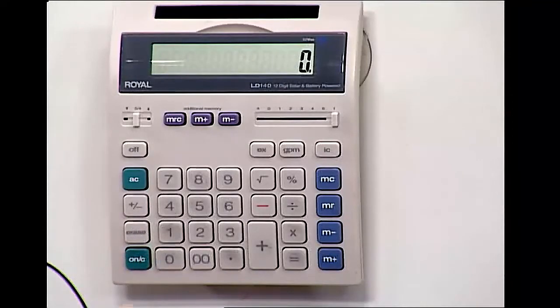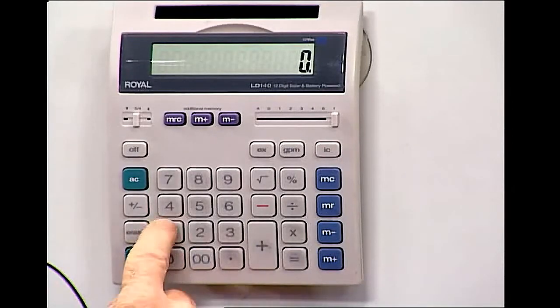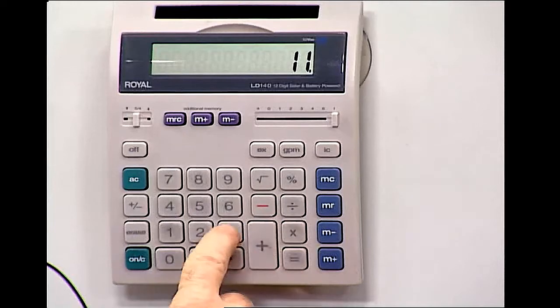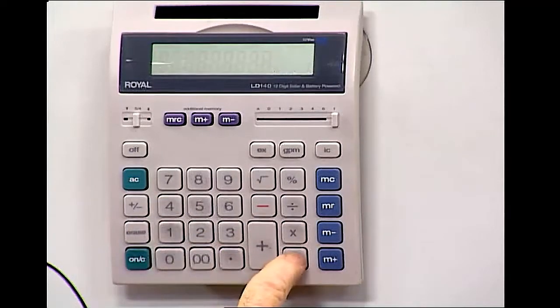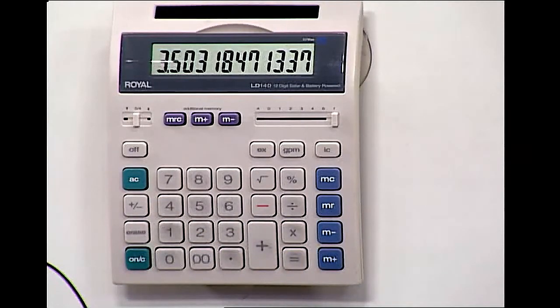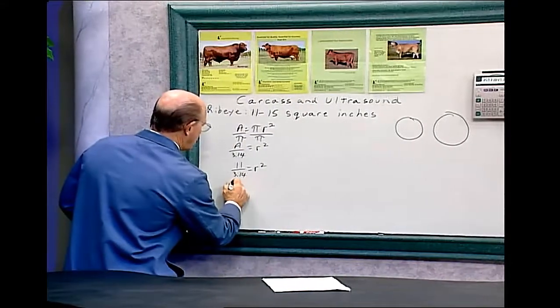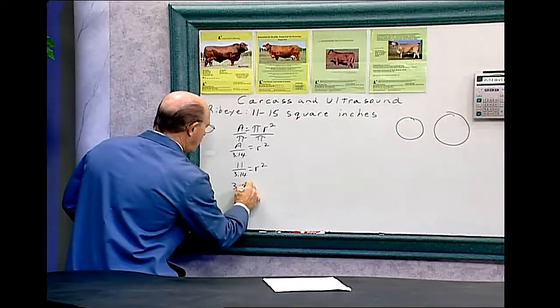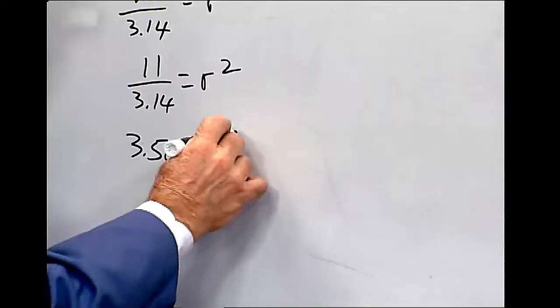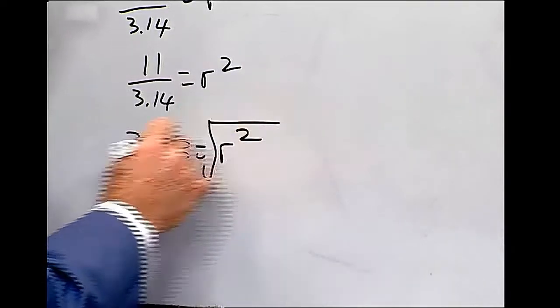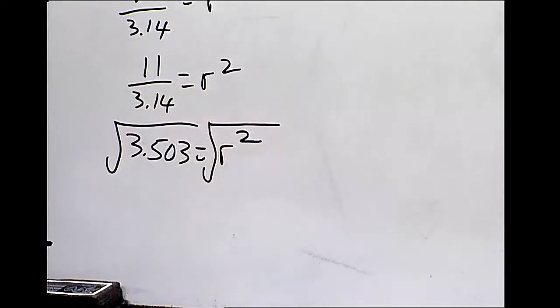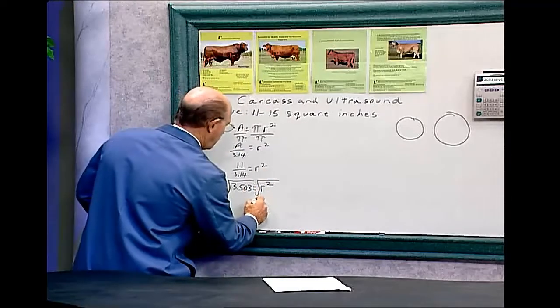Clear the calculator. Area is 11 divided by pi, 3.14 equals 3.503. So 3.503 equals radius squared. And all we have to do is get the square root from each side and isolate the radius.